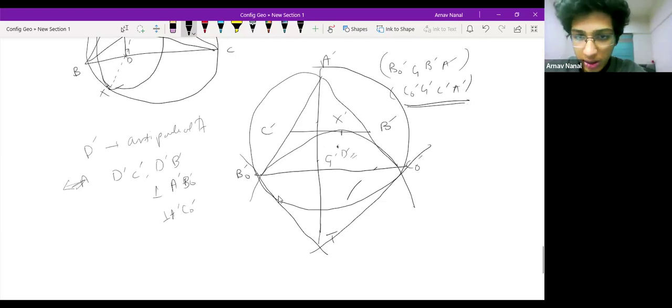So D is the circumcenter. Since these are the tangents at B naught, C naught, you get that these three are collinear, and this is 90, right?